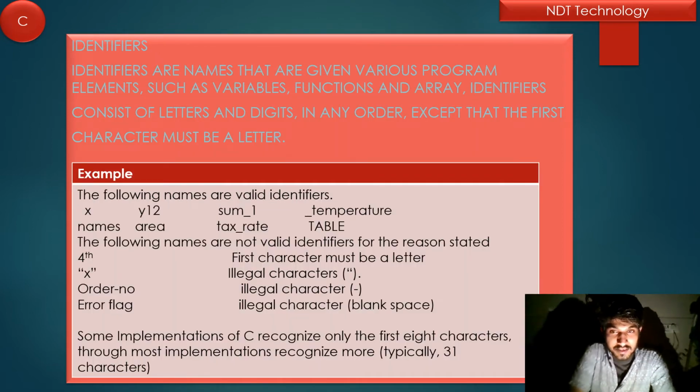Now the term identifiers comes up. For any programming we have to remember the additional rules and regulations. If we follow these rules and regulations, then our program will be smooth and better.